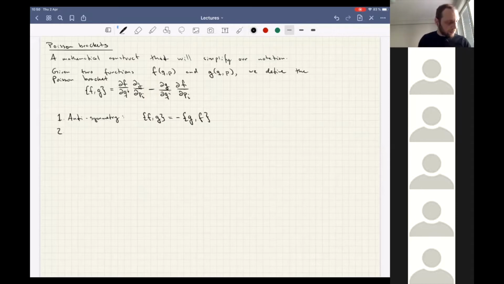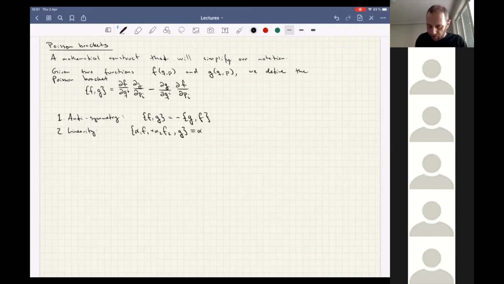The second important thing to note is linearity. So the Poisson bracket is linear actually in both arguments due to the anti-symmetry. So in general, if I take a constant alpha 1 times f1, and I add alpha 2 f2, and take the Poisson bracket with g, because all of the derivatives that we have are linear, the Poisson bracket is going to be linear.